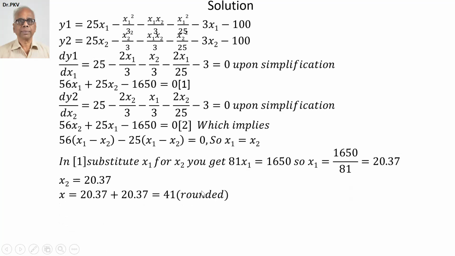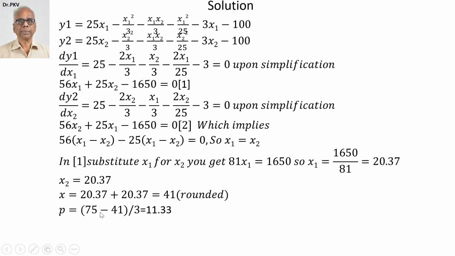I round it and say that 41 sets per week will be produced as total output, shared 20.37 plus 20.37. You can say 20 and 20 or whatever, because the number of sets produced cannot be a fraction. I am not rounding in the beginning; I am rounding the total output. 41 is equally shared. You may say 20.37 if you wish, or 20 and 20 if you wish. But 41 is the rounding. Normally, we do rounding in mathematics at the end of the computation.